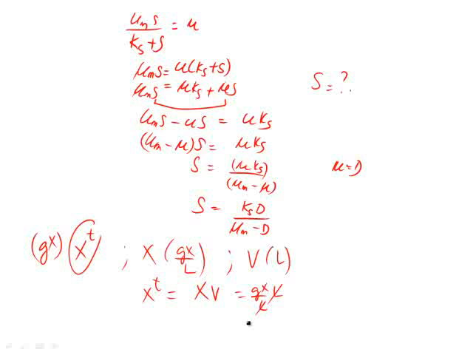So the x in fed batch is actually Xt over V. Now, if you say Xt is simply x times V, what is V?